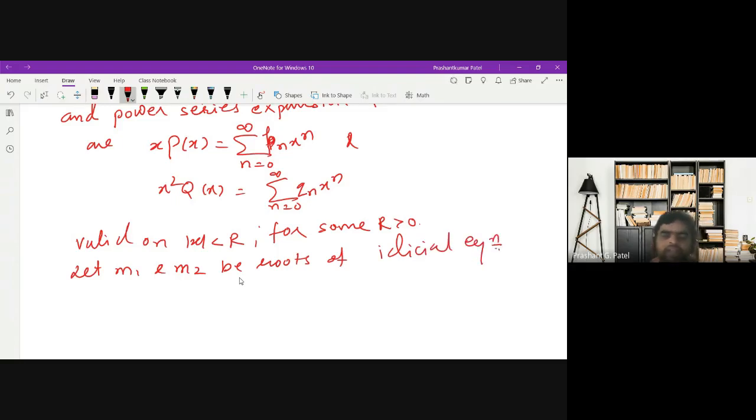What do you mean by indicial equation? You know that it is the lowest degree term equal to 0.